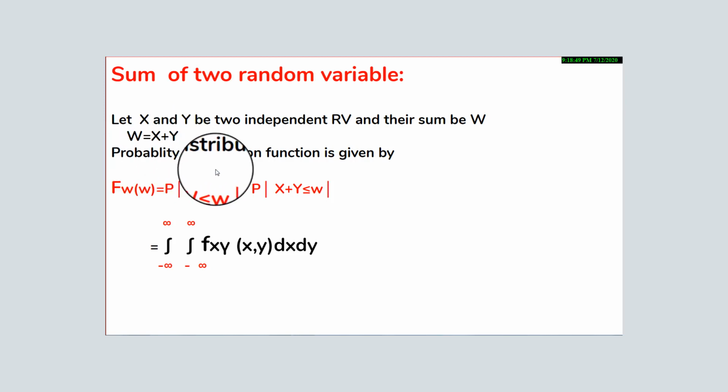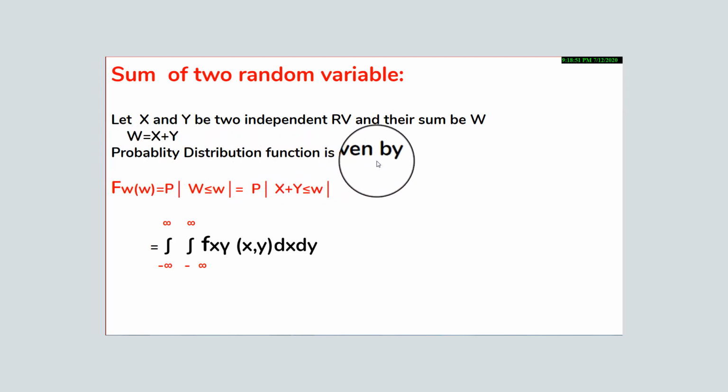Now the probability distribution function is given as F of W, this is capital W, within the brackets w, which is equal to probability of W less than or equal to w, which is equal to probability of X plus Y less than w.